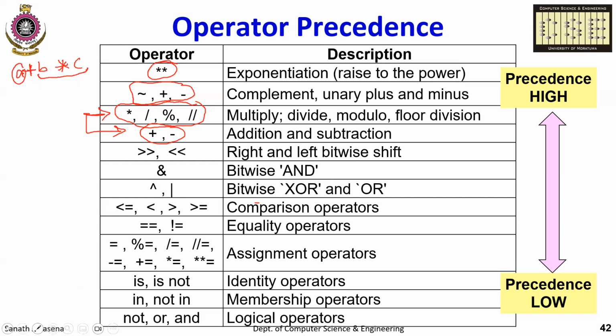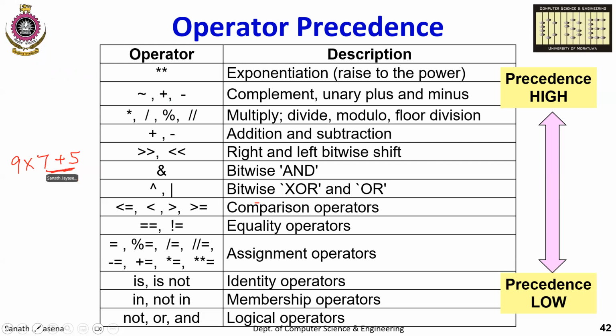So one important thing to remember: you don't have to memorize this table, but the general idea is enough. Normally in mathematics also, if you write 9 multiplied by 7 plus 5, we know that we don't do 7 plus 5 first, right?